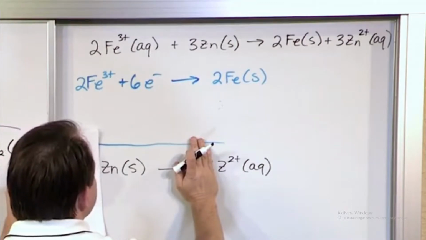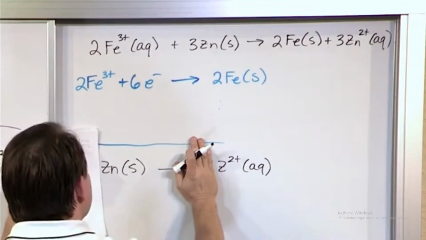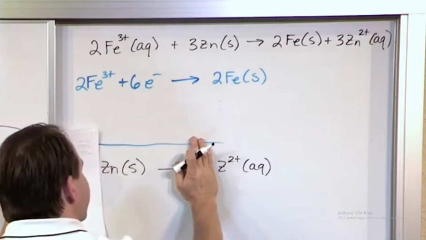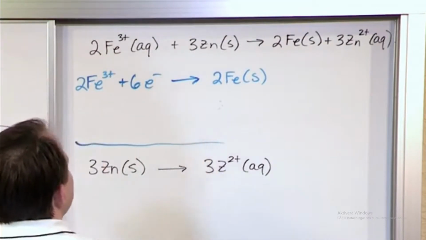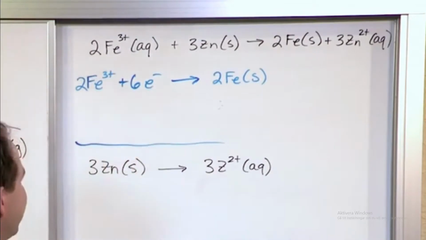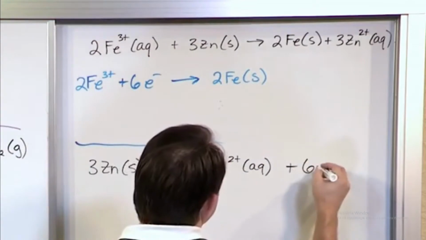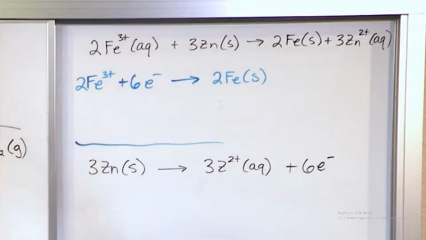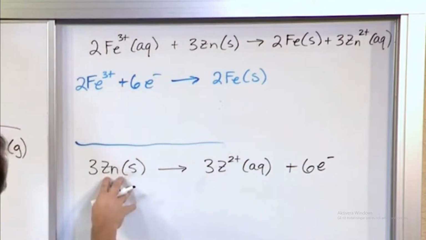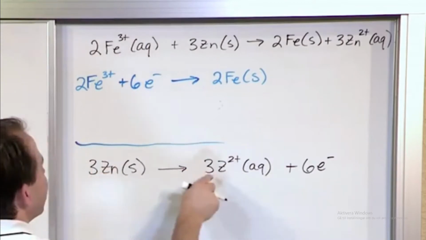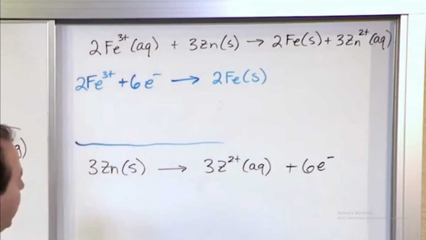How many electrons does this zinc have to lose in order to give me a +2? Well, it'll have to lose 2 electrons. But I actually have 3 of these atoms doing this all at the same time. So it's 3 times 2, which gives me 6 electrons that are actually lost. Each zinc is losing 2 electrons, and I'm doing it 3 times over, so 2 times 3 is 6 electrons liberated.